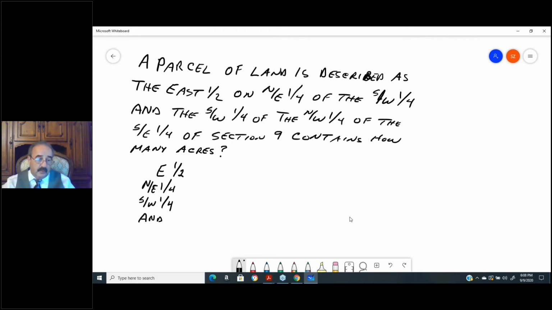The southwest 1/4 of the northwest 1/4 of the southeast 1/4 of section 9.